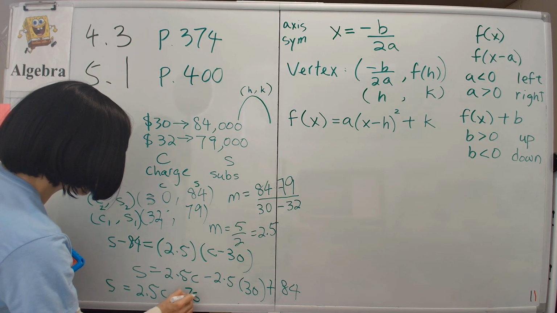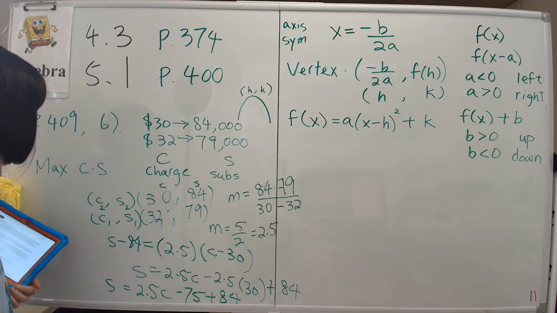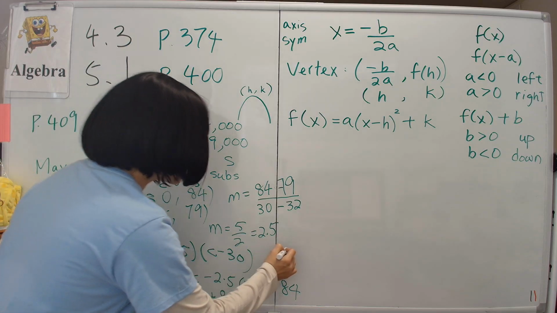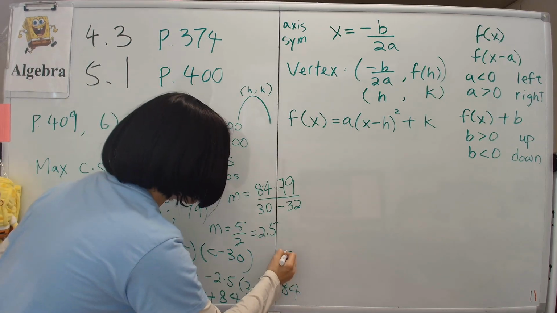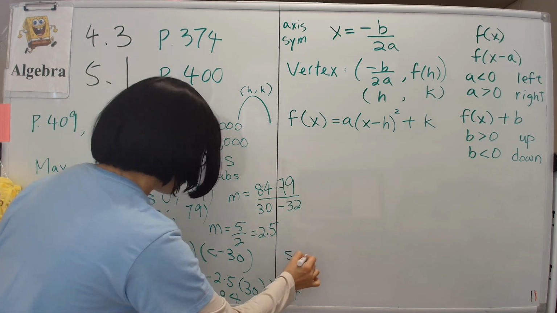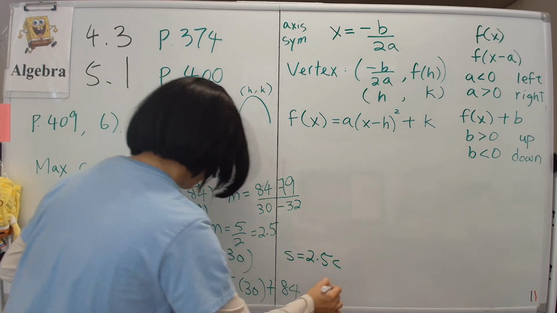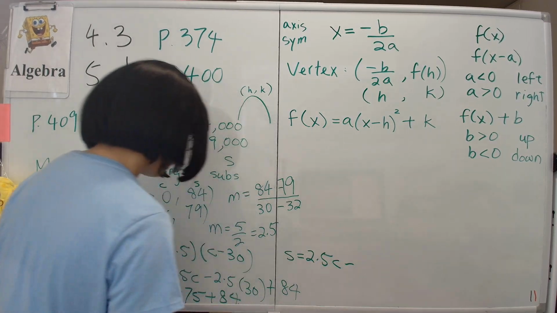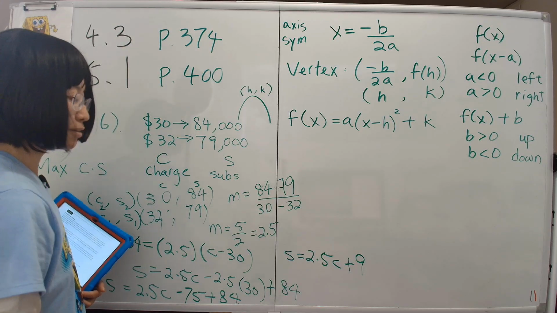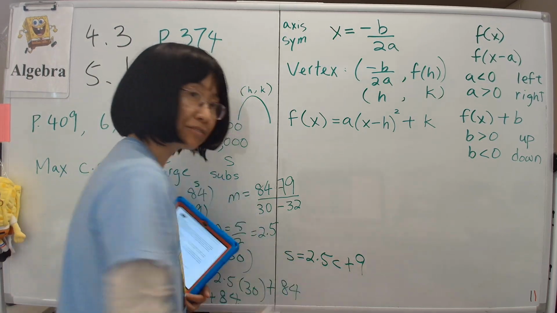Minus 75 plus 84 is 9, right? So the equation between S and C is that the subscribers S is equal to 2.5C plus 9. And the 2.5 means these units are in thousands, by the way.